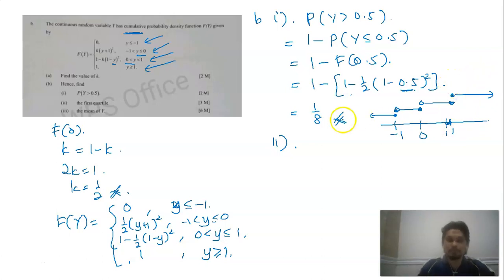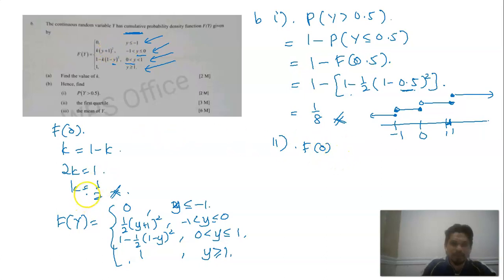If I separately substitute f of 0, we use the value of 0 in this function, k multiplied by (y plus 1) square.